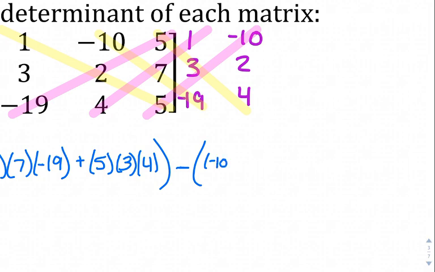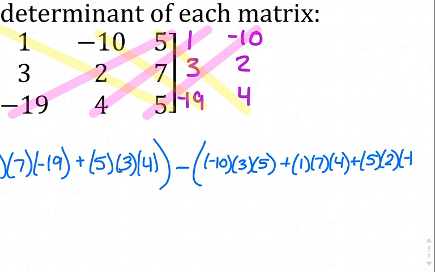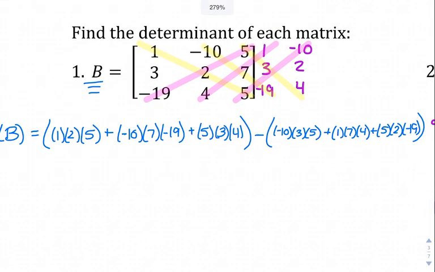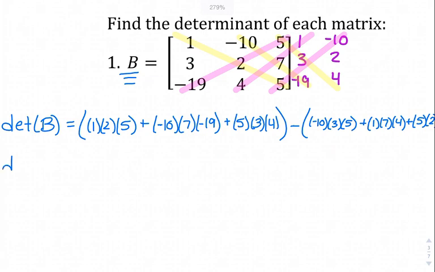So that's going to be negative 10 times 3 times 5 plus 1 times 7 times 4 plus 5 times 2 times negative 19. And now from this point we're just going to simplify. So again, the hardest part was just setting it up. Now it's just basic algebra.